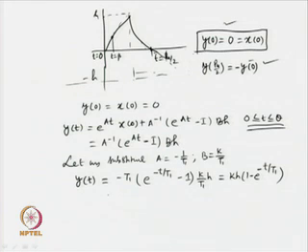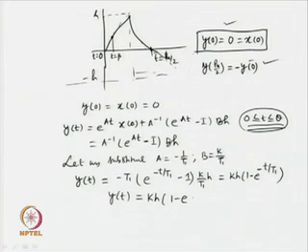Finally, what we have obtained? An expression for the output for the time range t between 0 to theta h, y t is equal to k h 1 minus e to the power minus t upon T 1. When time t equal to 0, how much we get? Whether we are satisfying that condition or not, let us see.